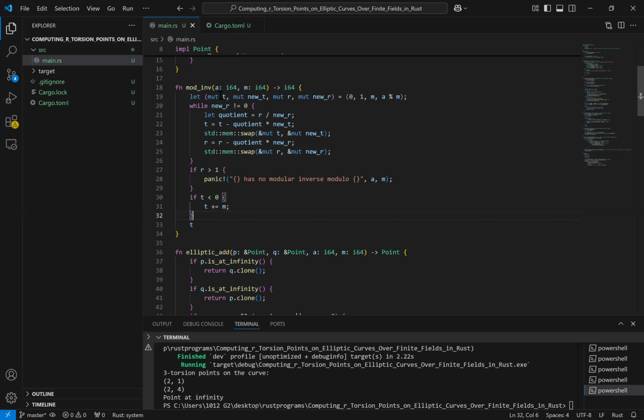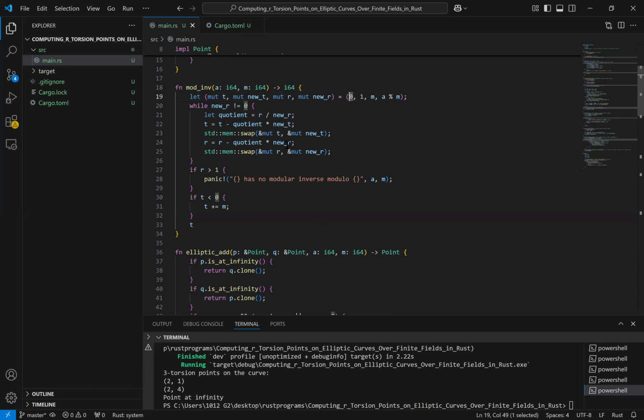So I say let t be mutable, and new t be mutable, and r be mutable, and new r also be mutable. Initially, we initialize t to be 0.